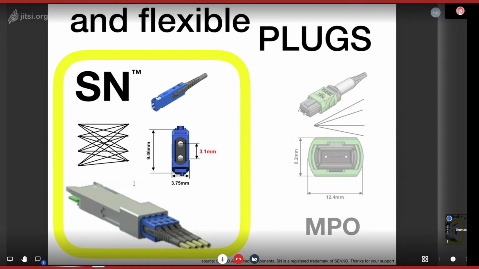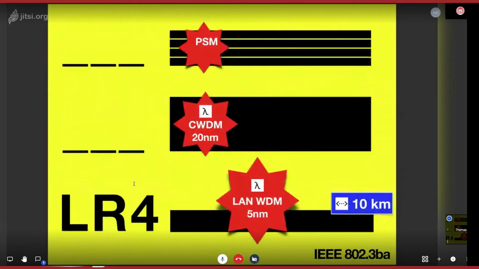Another lesson learned in standardization is when we look at the IEEE. IEEE is basically taking care of the electrical side and what is happening up to layer 2. Doing the recap again on 100 gigabit, there was mainly only single mode looked at now and not multi-mode. Only LR4 was standardized: 10 kilometers, with each lambda having a spacing of 5 nanometers.